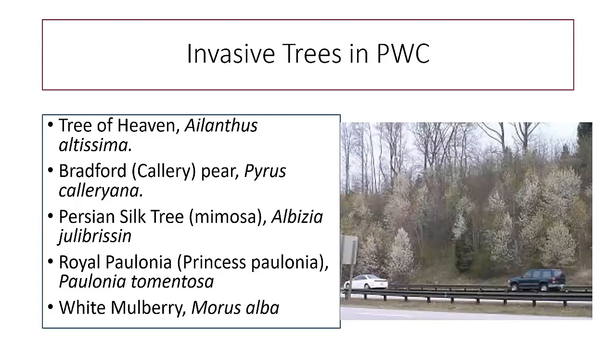They're famous for invading areas that are disturbed. So there you see them in all their blooming, smelling glory in the springtime. The Persian silk tree, Albizia julibrissin, is the third most common invasive tree in Prince William County. And then Royal Paulownia, the Princess Paulownia tree, and I put the white mulberry on there. That's actually on the list as well.